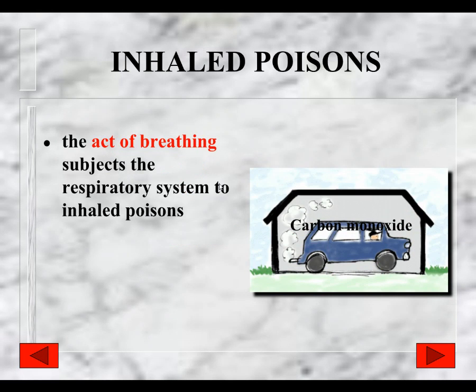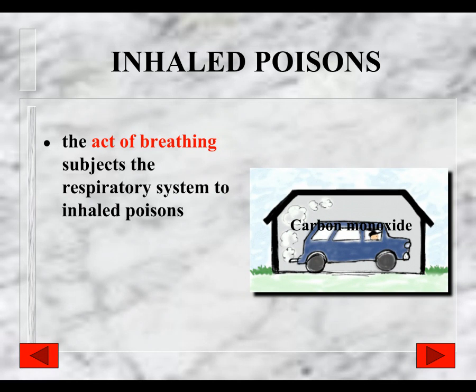Inhaled poison. Those are things that we breathe in. One of the most common ones is carbon monoxide in our household, especially in households that have propane and gas heaters. You have to be very careful to make sure that there's proper ventilation so that the circulation in the house works well.